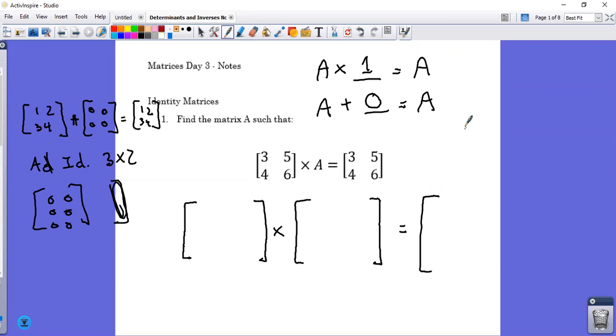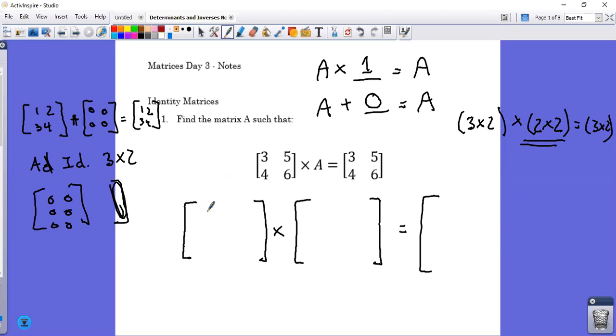So like if you have a 3 by 2 and you want to multiply it by another matrix so that you get a 3 by 2, you'd have to multiply it by a 2 by 2. So you have to be careful. Like there's no 3 by 2 identity. It has to be multiplied by 2 by 2. But we'll look at that later.